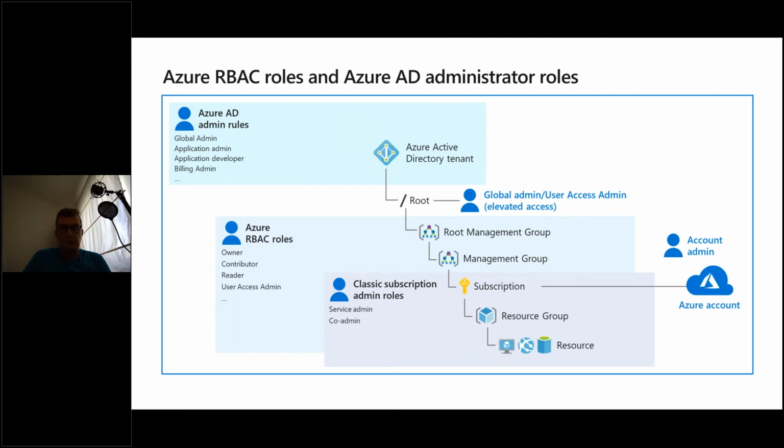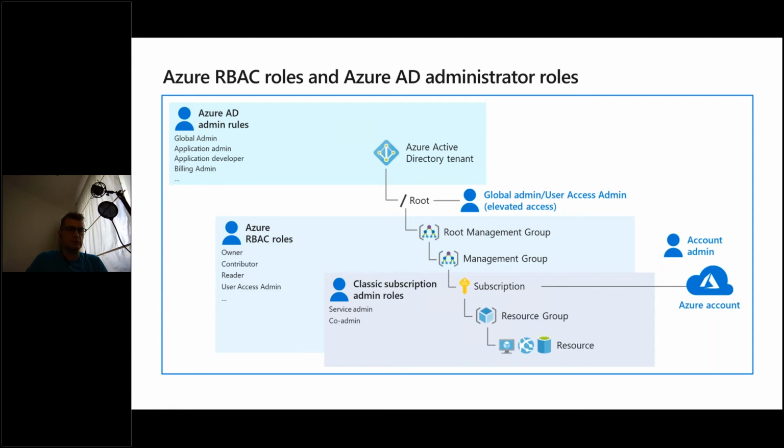Reader, like the name implies, can only view Azure resources. Contributor can access and manage all types of Azure resources. So contributor and owner are practically similar. It's not the same, but it's similar. The difference is that the owner has full access and can grant access to others, while contributor can create and manage all types of other resources, but cannot grant access to others.